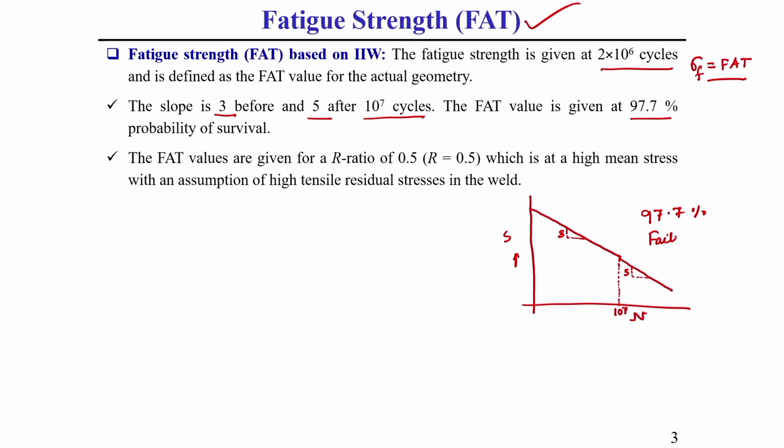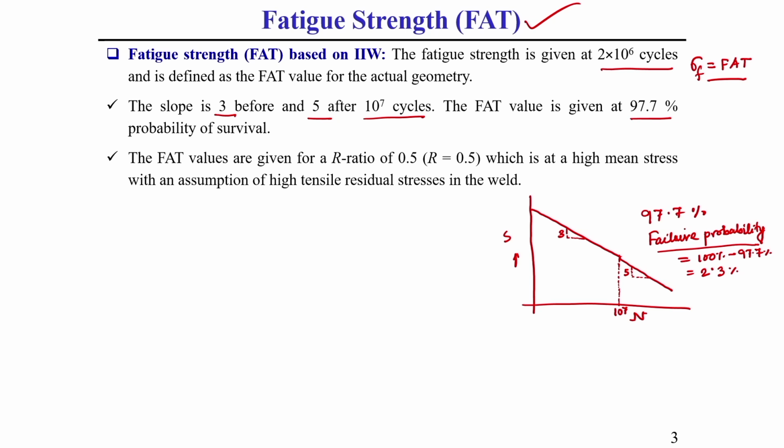You can say the opposite way, that is failure probability will be equal to 100% minus 97.7%, that means 2.3%. That way you can write what I am telling, understand. So, failure probability is 2.3%, whereas survival probability is 97.7%.